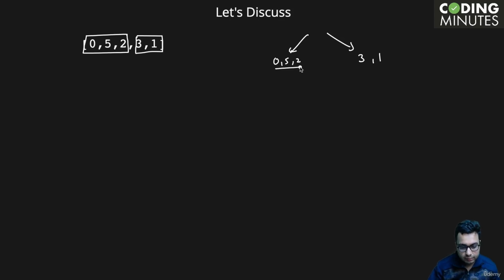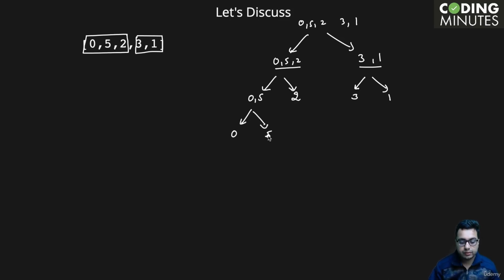So we have 0, 5, 2 and 3, 1. We will break it further: 0, 5 and 2, then 3 and 1, and then we break 0, 5 into 0 and 5.